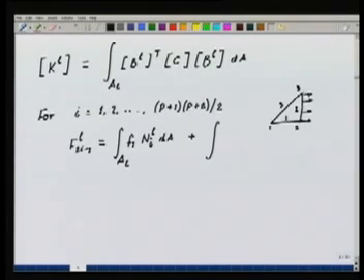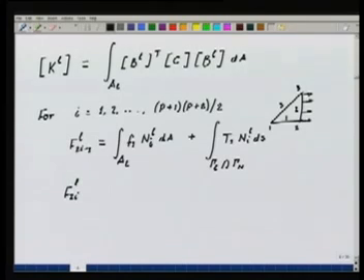So this edge is common with the Neumann boundary, so we will denote the boundary of the element as gamma L intersection the Neumann boundary of the domain, okay, T1 NIL ds.